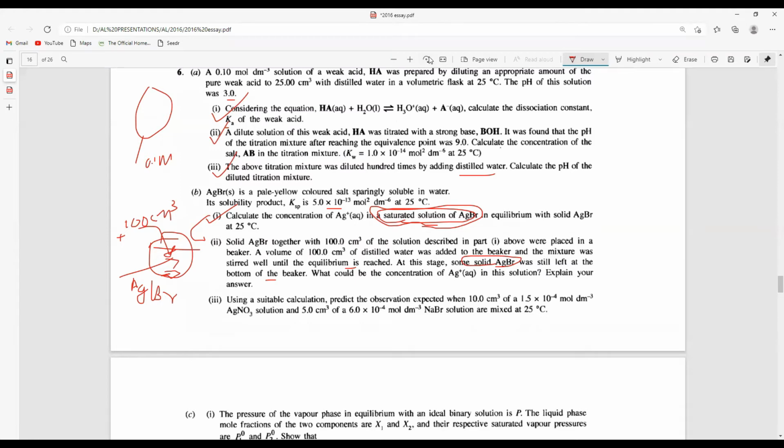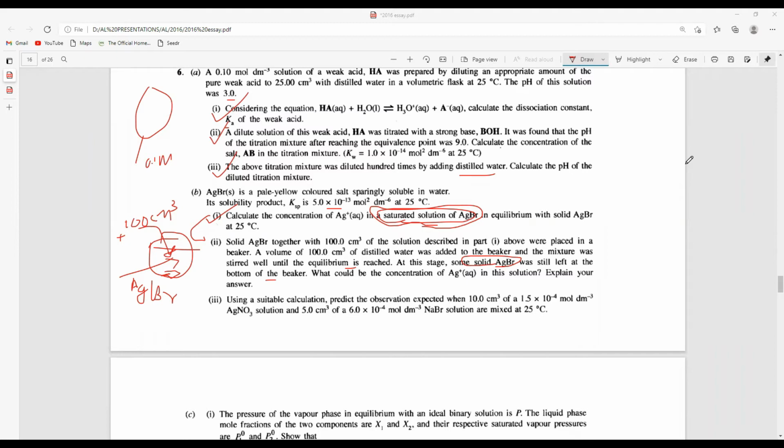What does that mean? Can someone suggest what that means?